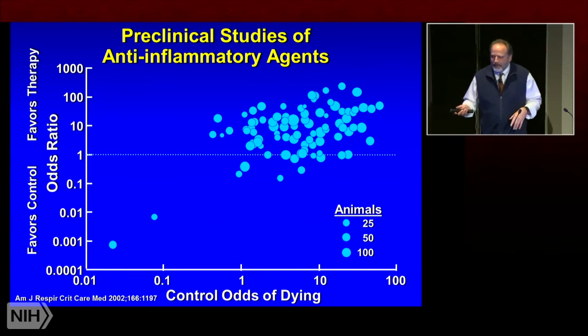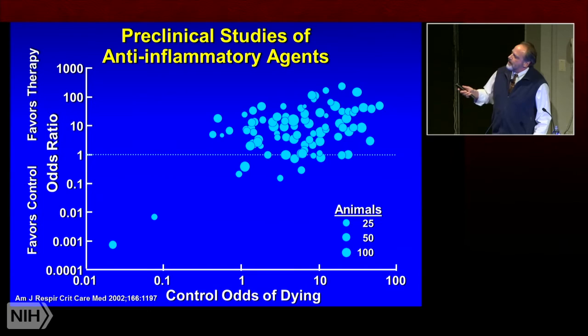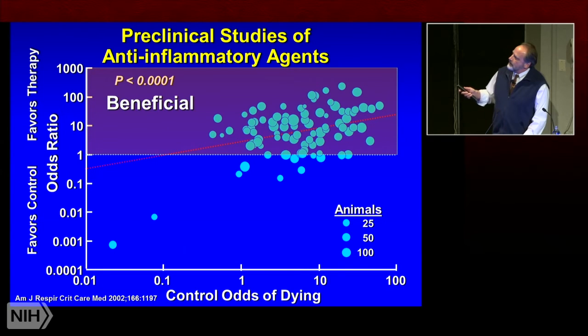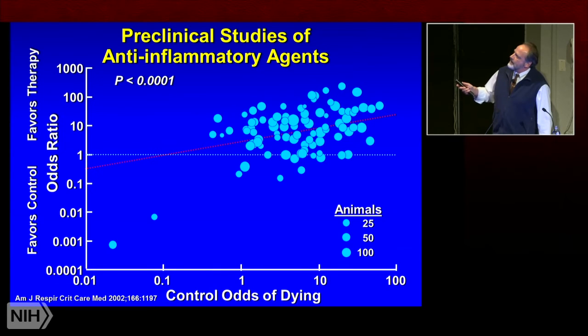It's the first thing. Next thing is, what you see is, despite all these studies being above a 50% mortality rate, there's still a relationship, and it's highly significant. And this is beneficial, this is harmful, but as you go, even with this constrained range, from a high mortality rate in the control group, there still is a significant relationship, and as you go down, the treatment effect gets smaller.